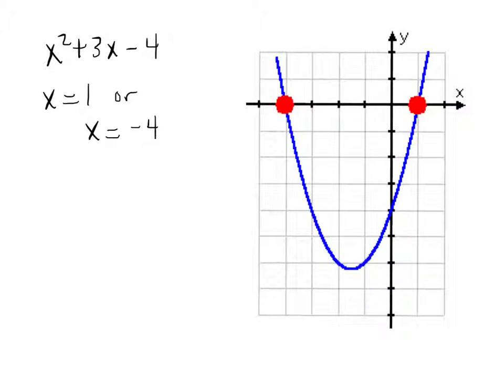So notice that this x-intercept is x equals 1, and right here is my x-intercept, x equals negative 4. So this graph just verifies that the solutions, or the zeros, to my quadratic function x squared plus 3x minus 4 are indeed x equals 1 and x equals negative 4.